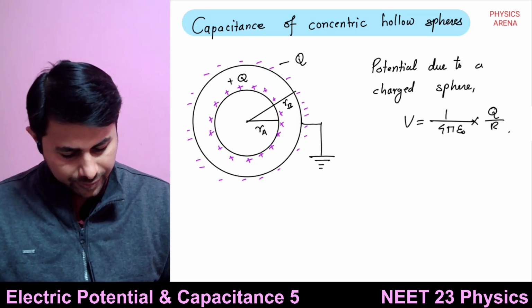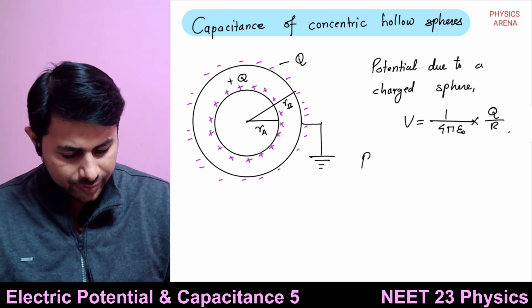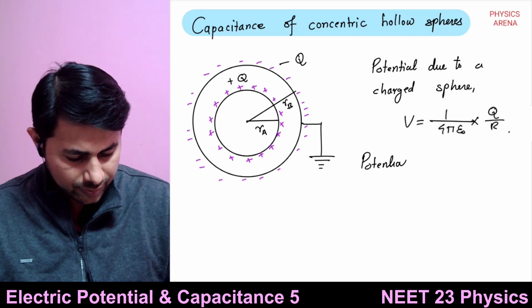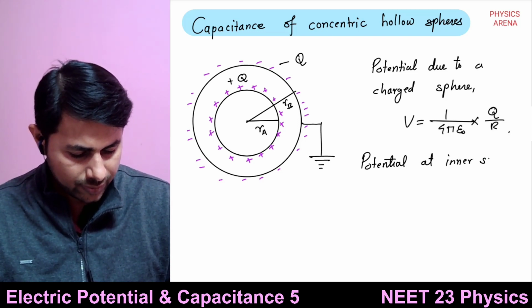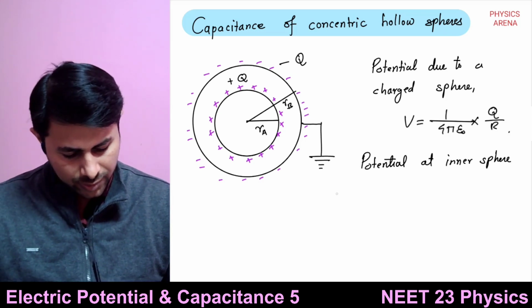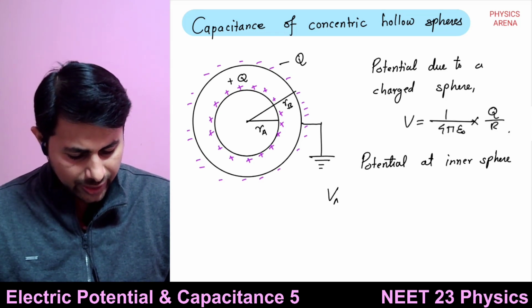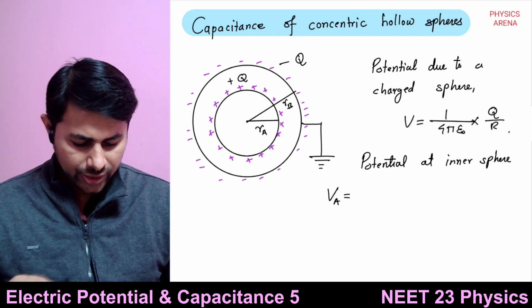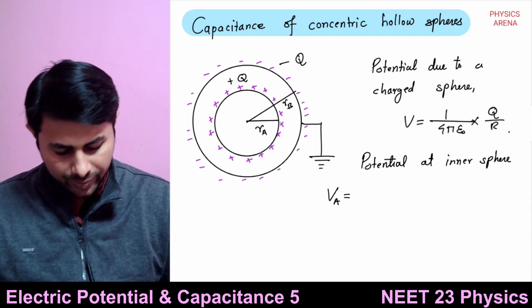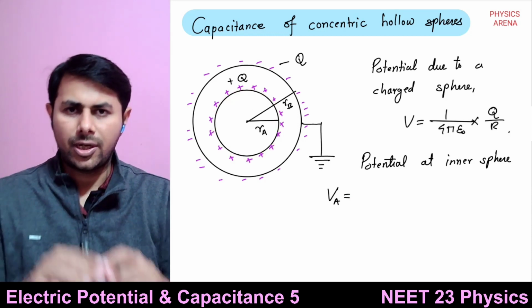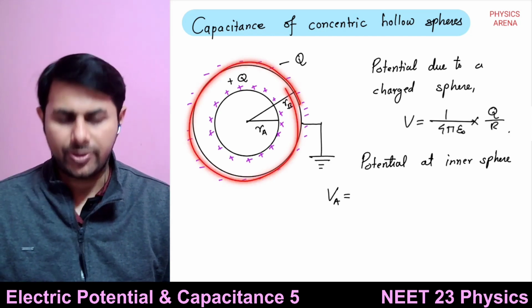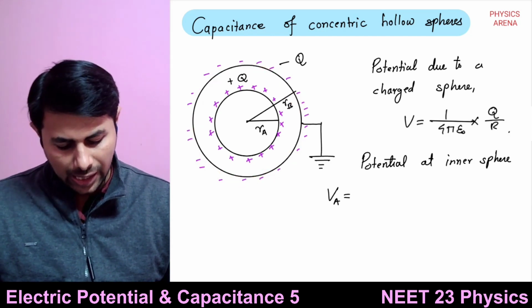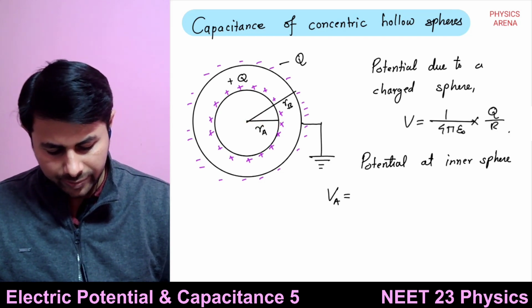So see, the potential at the inner sphere, let's call it VA, will be the potential due to the inner sphere plus the potential due to the outer sphere, right?